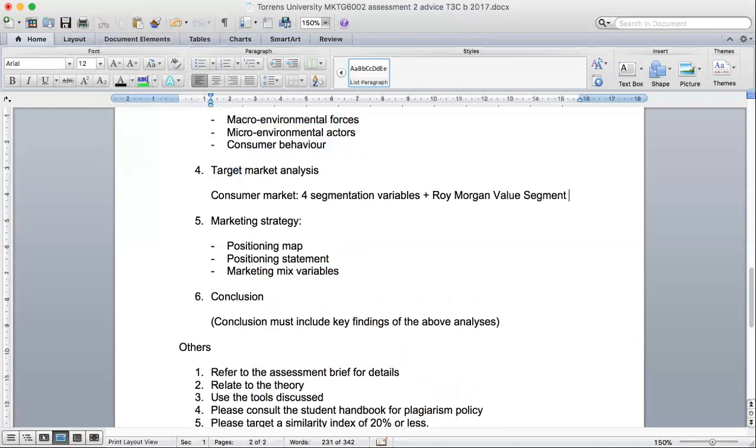We are going to discuss this in the strategic marketing discussion. Roy Morgan value segment, okay? And I believe I've sent a link to Strategic Business Insights that allows you to complete a questionnaire of a value segment research. Okay, please try that, and we can also have a brief discussion sometime next week.